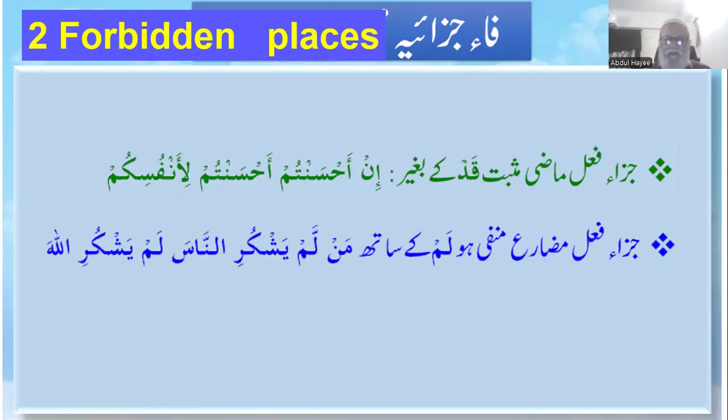The second is jaza fi'l mudari' negation with lam, just like man lam yashkur an-nasa lam yashkurillah. The answer is yashkurillah, but with lam negation. We will not use the fa here.